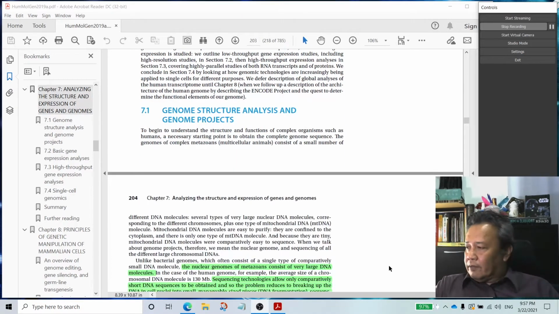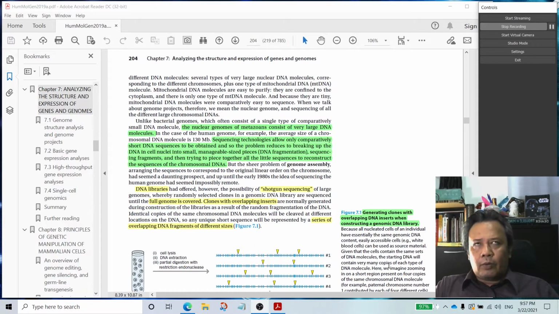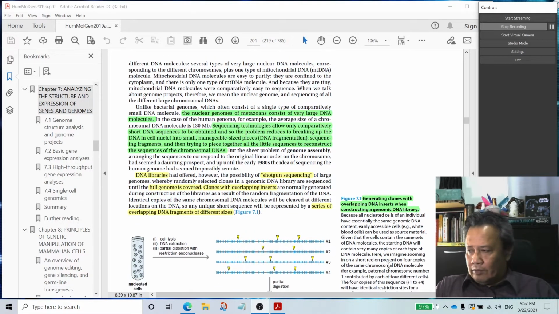So first things first, genome structure and genome projects. When you talk about genome analysis, the text says that analyzing a bacterial genome is not such a big problem, because when you do DNA extraction, you get just that one piece of DNA. Unfortunately, for metazoans or multicellular organisms, let's just take humans, we have 23 pairs of chromosomes.